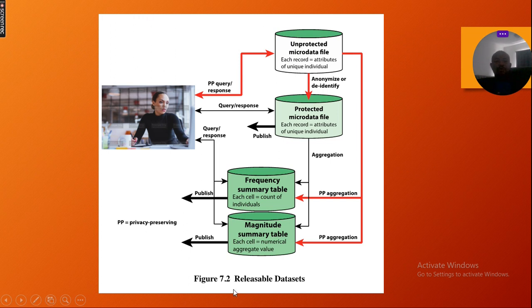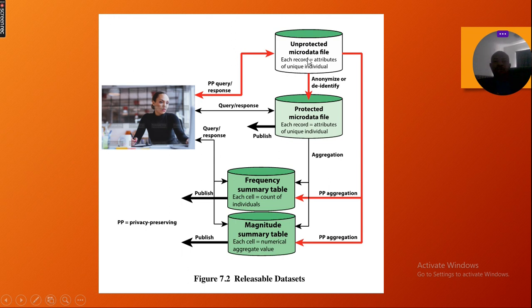Now here is figure 7.2, the releasable data set. This is an individual or respondent trying to access a database. You see here unprotected microdata files. These data files are unprotected, so the system algorithm anonymizes or de-identifies them.